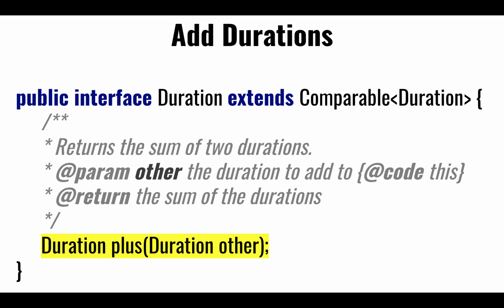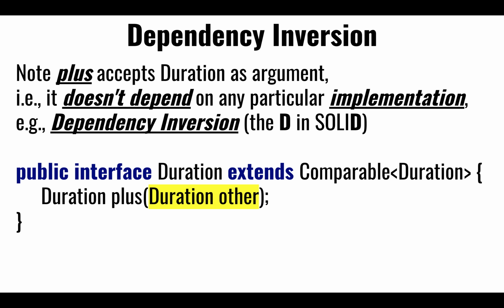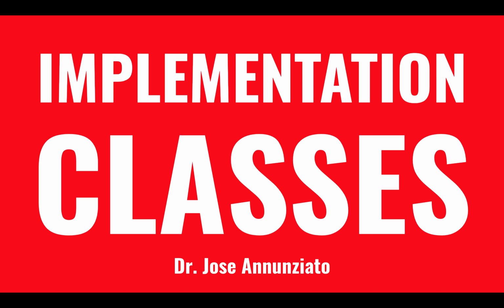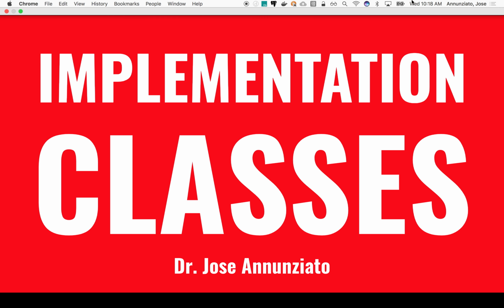You can also intersperse some code so that it's formatted in a way that looks like code, like using Courier fonts. So use Javadocs in your code. It's a good practice. All right, so let's take a look at some ideas on how we can implement this.